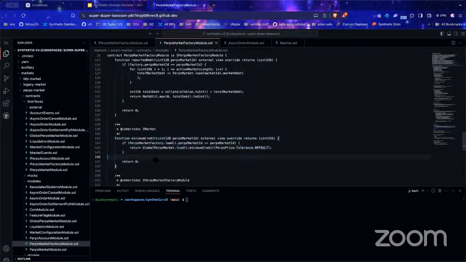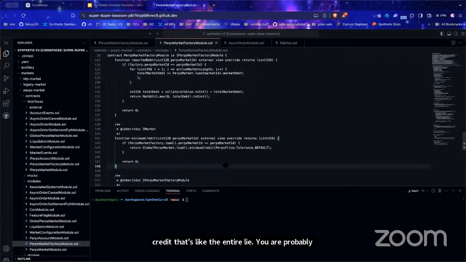And then minimum credit, for the perps market, is essentially based on the open interest of all of the assets. There is a factor that you can lower it by, because if you have minimum credit that's the entire OI, you are probably being very conservative.